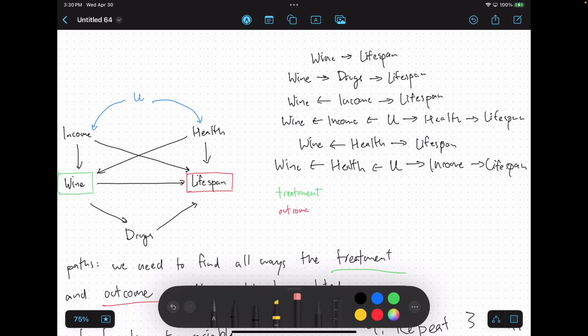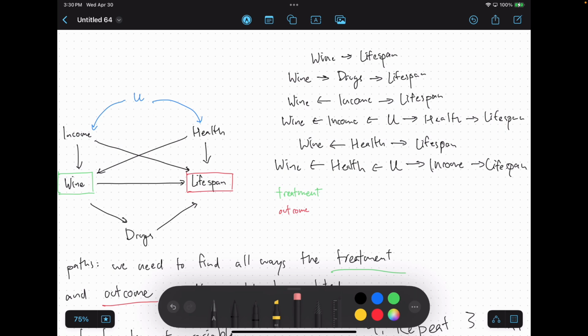There's no arrow that goes from wine to lifespan, right? It's going this way. So can you concoct a story about that particular path? Wine is expensive, so if you have no income, you can't get wine. Doesn't necessarily mean that you'll live longer or shorter, right?